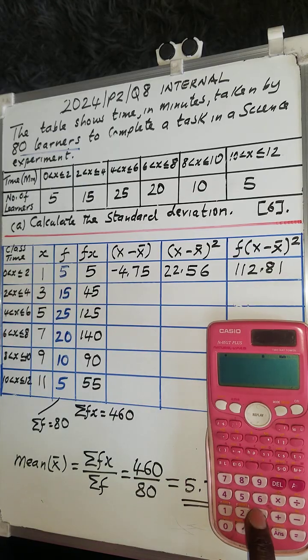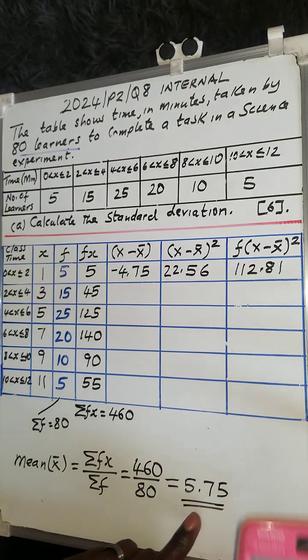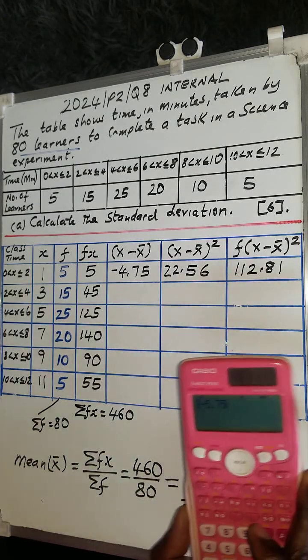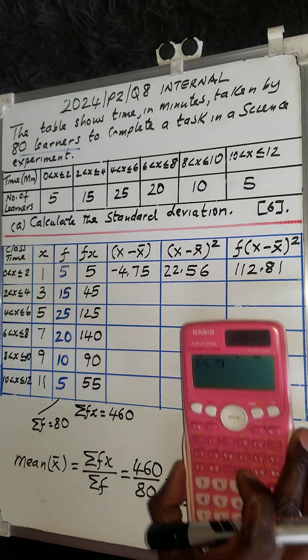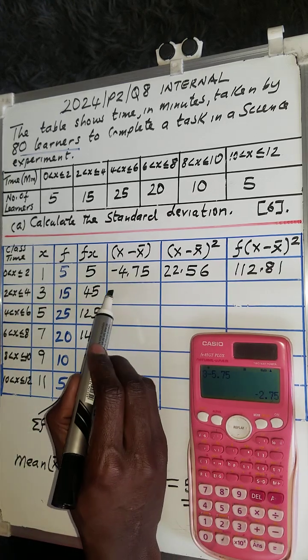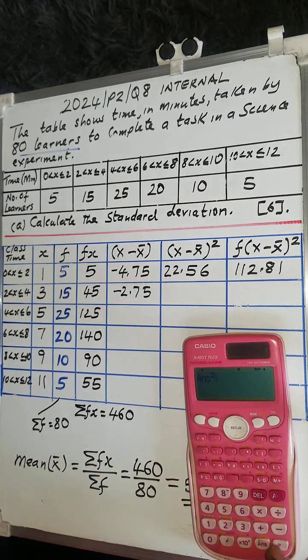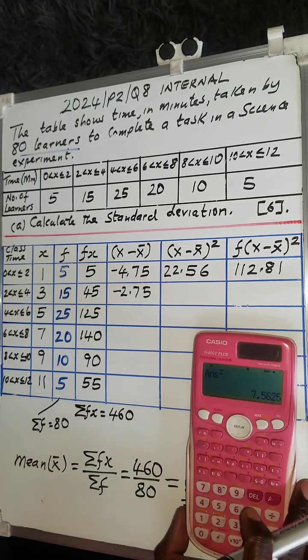All right, we move on to the next one. The value of x is 3 minus 5.75. Remember, that is the mean that we have there. The mean is simply 5.75. So this value that I'm getting is a negative 2.75. You square it. What is that giving me when I square it?